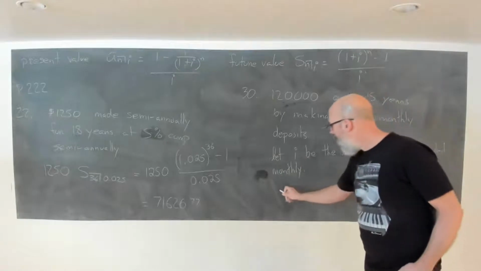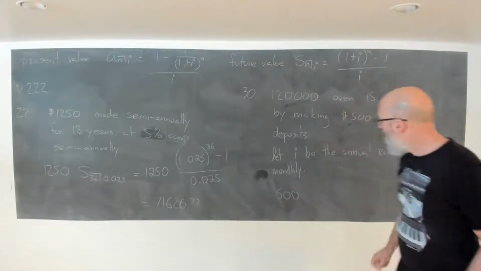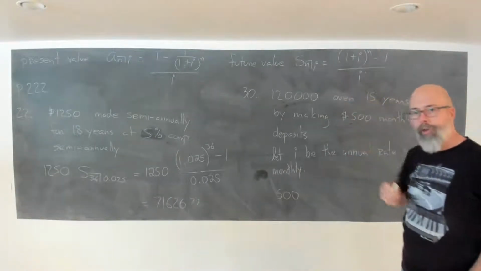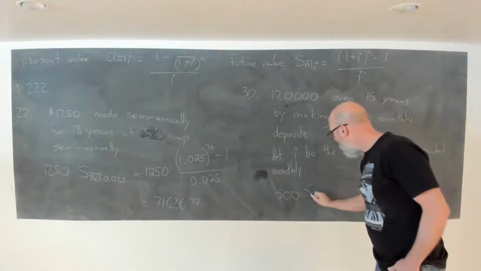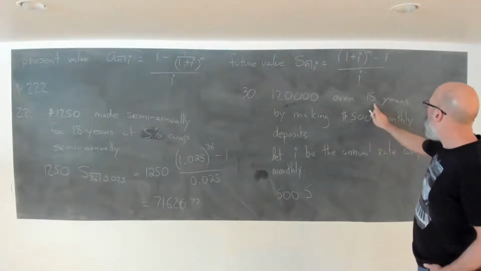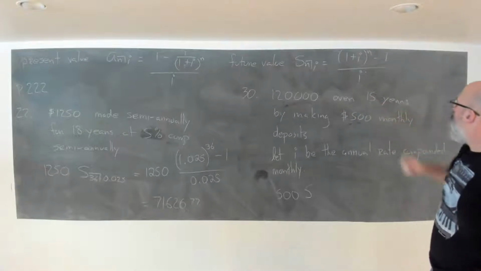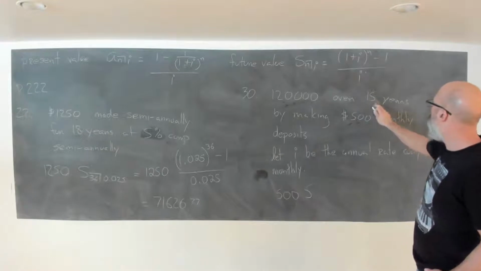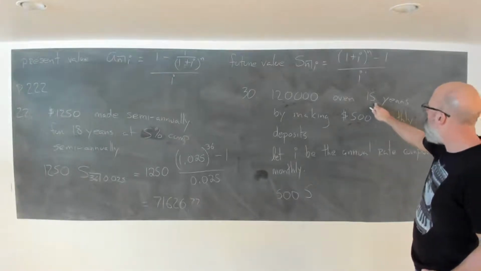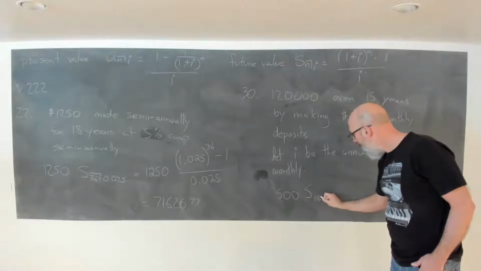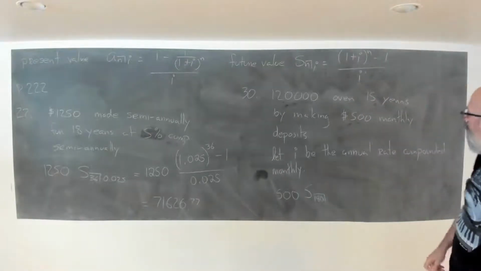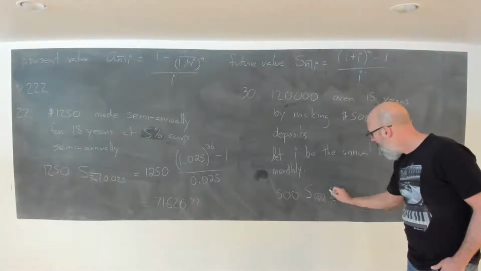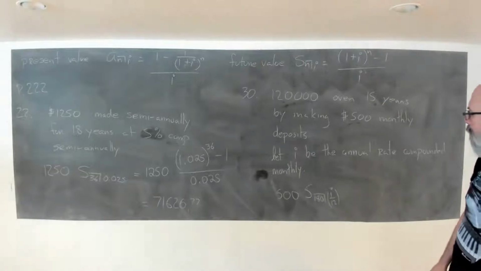If you're putting in $500 every month and you wanted to accumulate to $120,000, we're talking about future value here. 15 years, 12 months, that's 120 plus 60, 180 months. 180 months at interest rate I over 12.